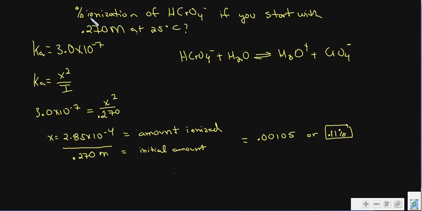So they want to know what the percent ionization is going to be. They don't actually just run out and tell you the percent, which we had in the last one, which made it really easy. Well, if we look up the Ka of chromic acid, sorry, if we look up the Ka here of this ion, it's 3.0 times 10 to the negative 7th.